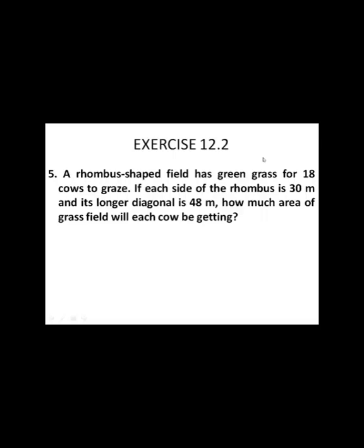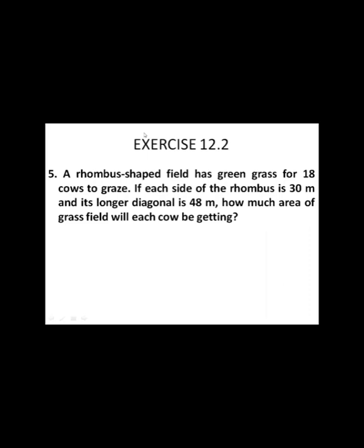Now, let us solve question number 5 of exercise 12.2. The question says, a rhombus shaped field has green grass for 18 cows to graze. If each side of the rhombus is 30 meter and its longer diagonal is 48 meter, how much area of the grass field will each cow be getting? So first, let us understand the question.